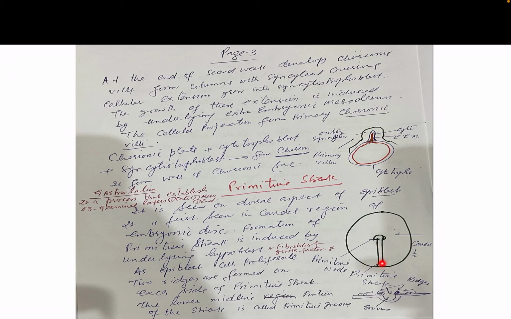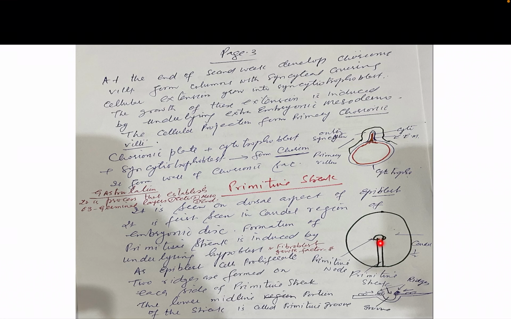A groove is automatically created by the collection of cells in a linear manner on one side and on the other side; when they are raised up, the primitive groove is created in the center. In front of that, there is a hole, just like the hole of an old lock, the keyhole. A pit is present.